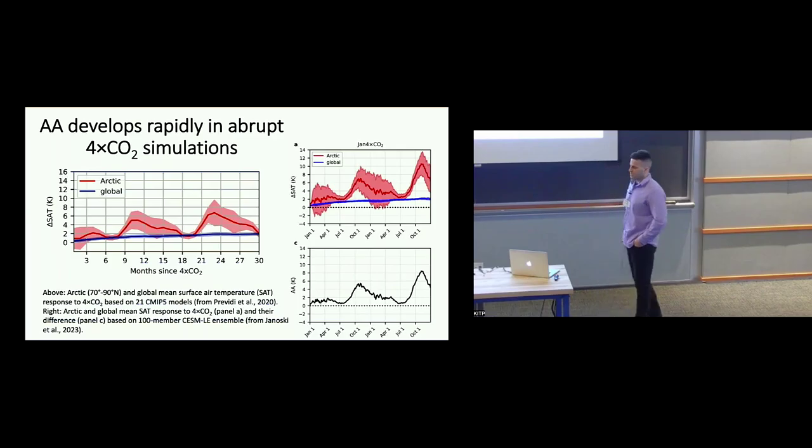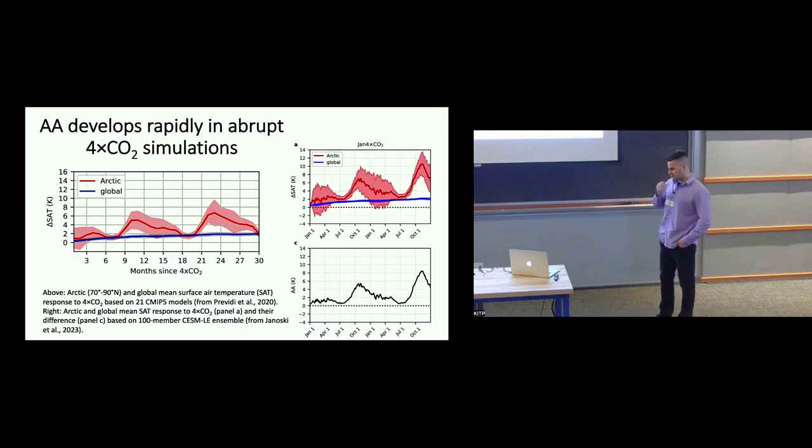So one of the implications of this result of AA developing so rapidly in these simulations is that there's been a tremendous amount of attention in the community, and rightfully so, on the role of sea ice loss in driving Arctic amplification. But we know that if we have AA in the first day following 4 times CO2, sea ice is not going to really change much right in the first day.